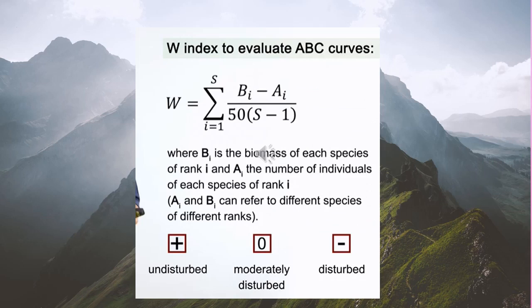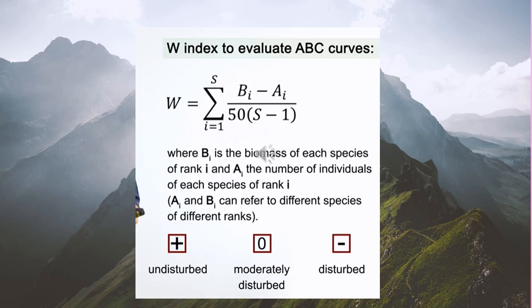There is also a mathematical way that is used for calculation of the ABC curves' effects on diversity, and this is called the W index. The W index is very simple because it's just the sum of (Bi minus Ai) divided by 50 times (S minus 1), multiplied by the number of species in the system.